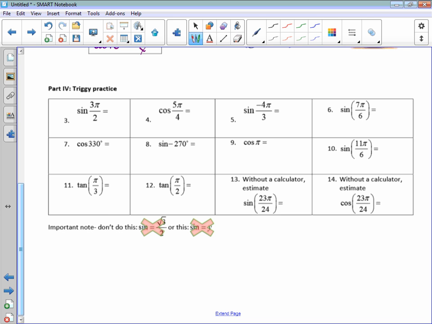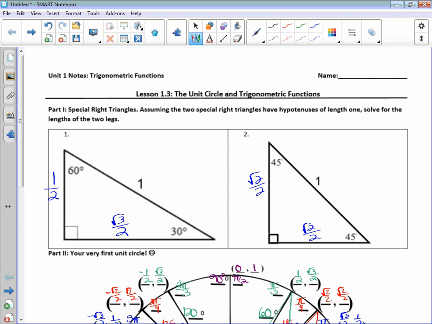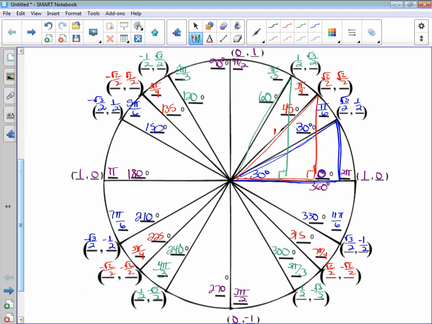So if I want the sine of 3 pi over 2, okay, sine means y value, so you go to 3 pi over 2, and what is the y part of the coordinate? -1, right? That's it. So again, all you're doing, you're finding your circle here. Here's 3 pi over 2. Sine means y. -1's my answer. Okay?